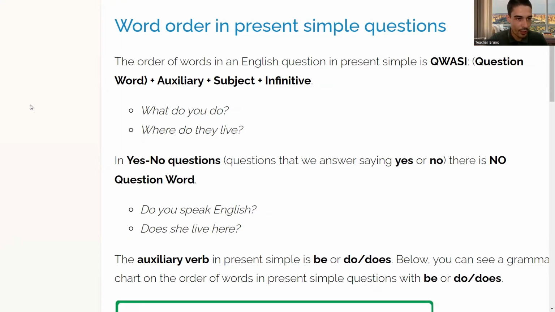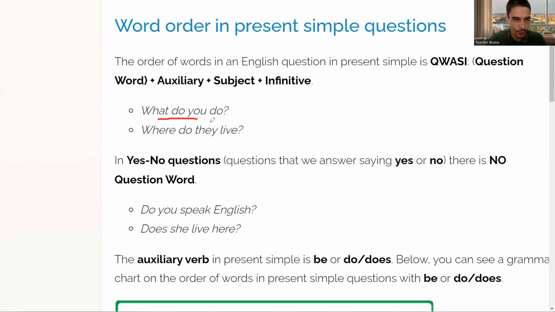This question follows the formula: question word, auxiliary verb, subject, and infinitive. That means the verb in the infinitive: do, play, study, work. Questions that use a WH question word like what and where are explanation questions.